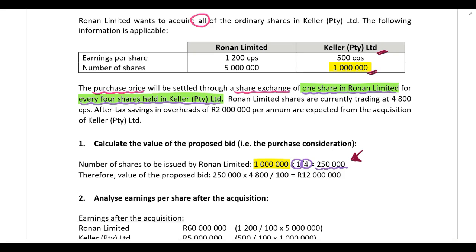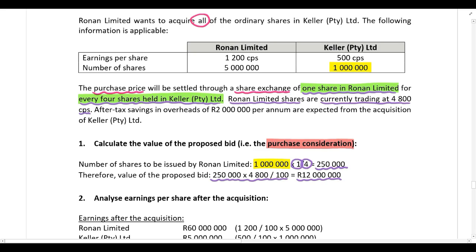Let's continue reading. Ronan Limited shares are currently trading at 4,800 cents per share. Now guys, you can use that information to calculate the purchase consideration. We know that Ronan is going to issue 250,000 shares, and those shares are currently trading at 4,800 cents per share. So the purchase consideration is 12 million rand.